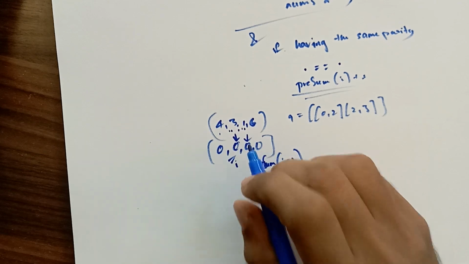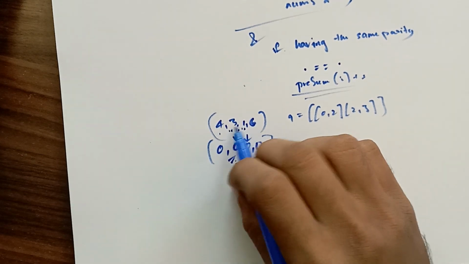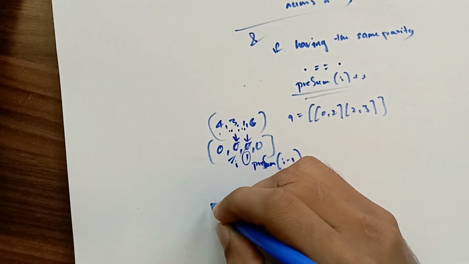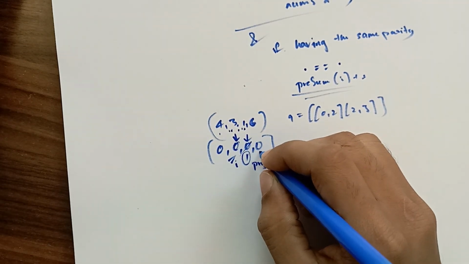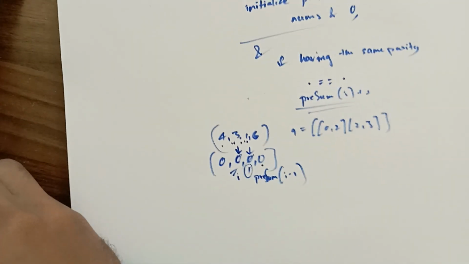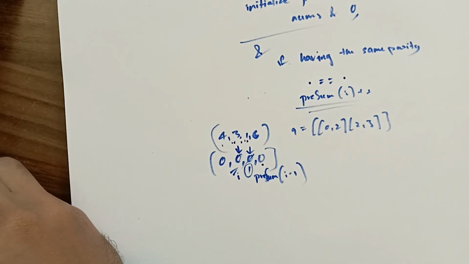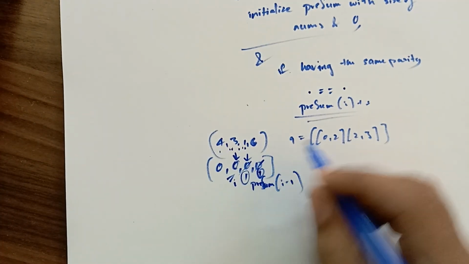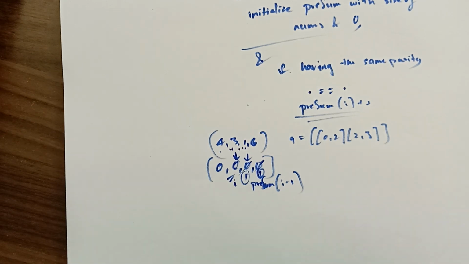Now let me go to the next element, 1 and 3. They both are having the same parity. That means they both are odd. So I will be incrementing it by 1. Now when I go here, it will be increased to 1, as I said, prefix sum of i minus 1.